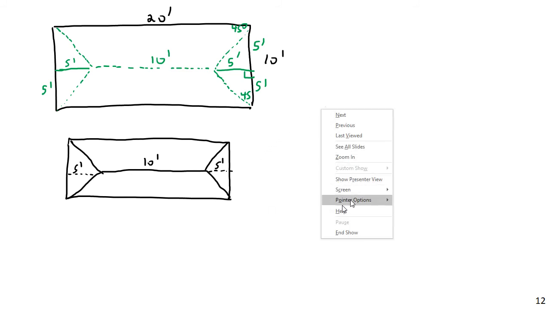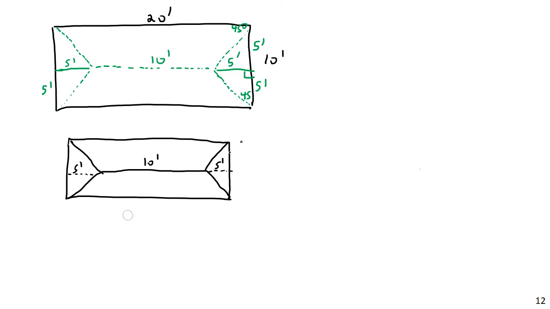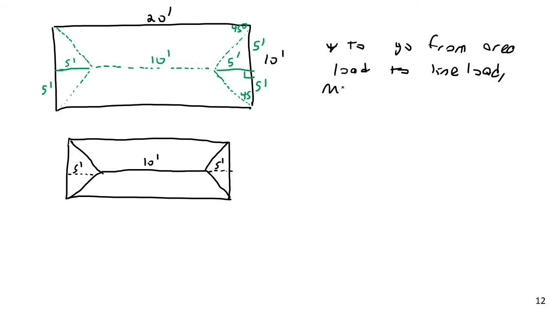And we know to get distributed loads, to get line loads, W's, for load diagrams, we multiply the length of the strip. Again, let me just write this out. To go from area load to line load, multiply by the width of the tributary area at that location.